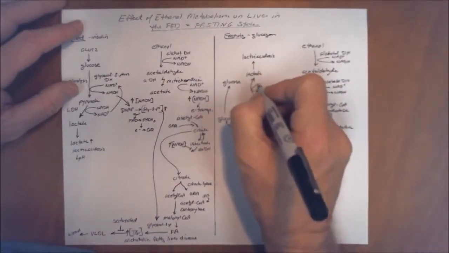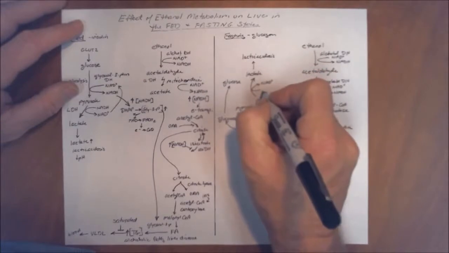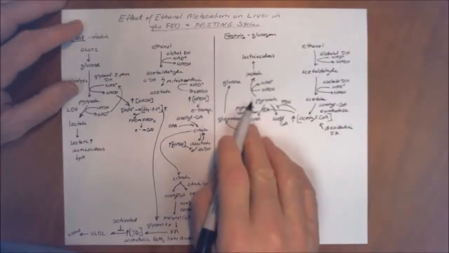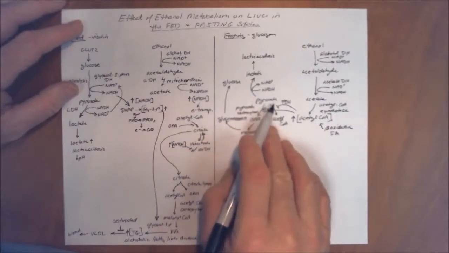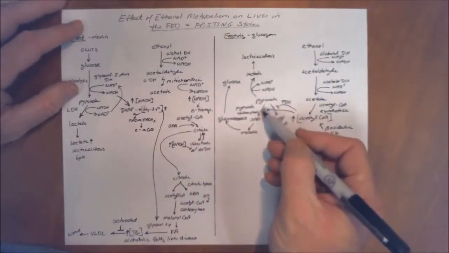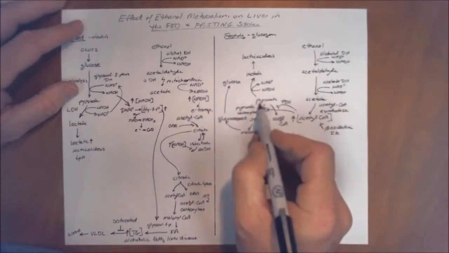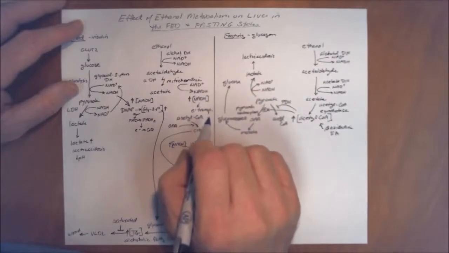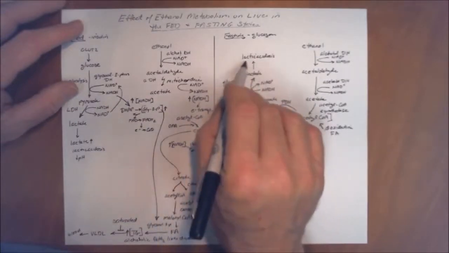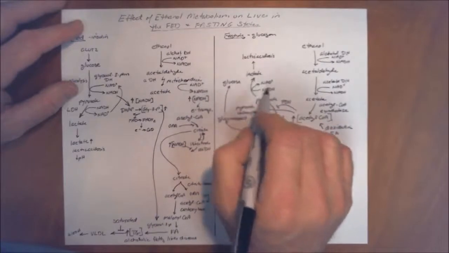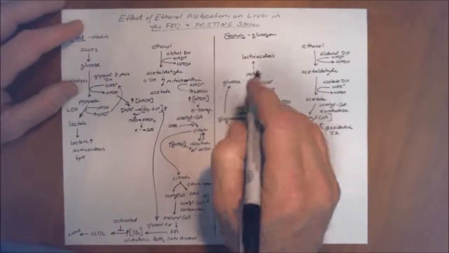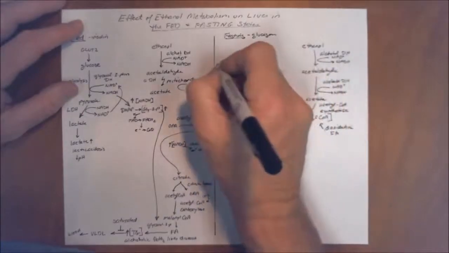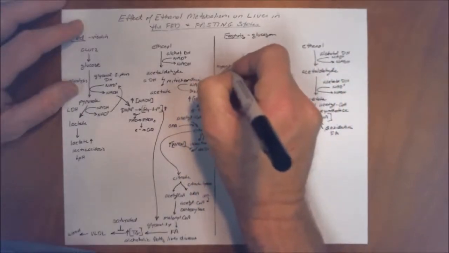This, of course, is to regenerate our NAD, but notice what we're doing here is we're taking pyruvate out of the gluconeogenic pathway because we are consuming the pyruvate in the reaction to make lactate. So not only are we creating lactic acidosis in this situation, but we are also reducing the amount of glucose being made in a fasting state in the liver, leading to hypoglycemia.